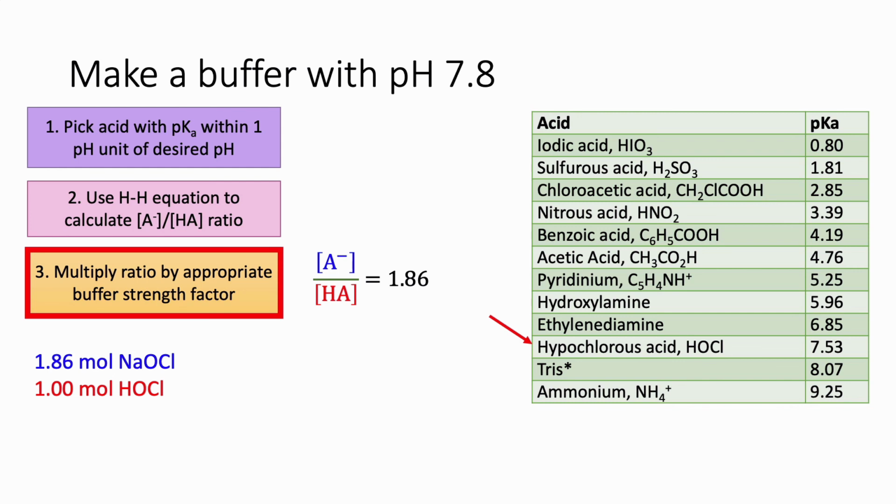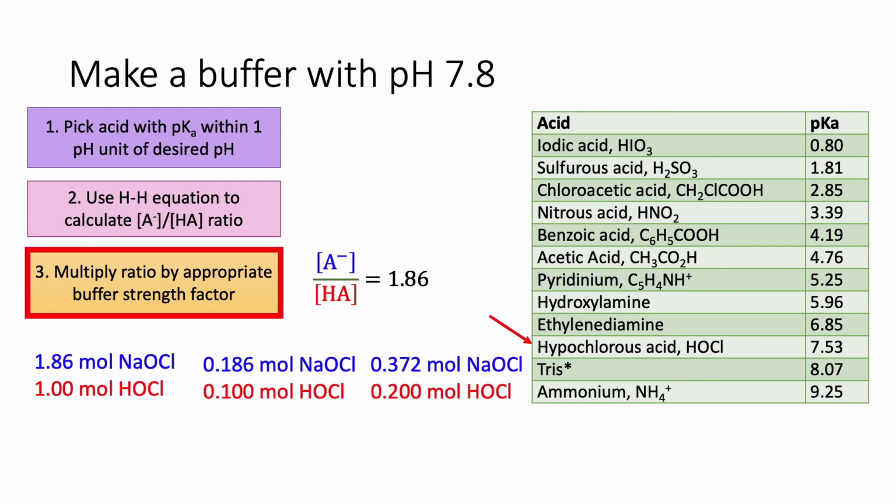So for example, you could just multiply it by 1 mole and you get 1.86 moles of NaOCl and 1 mole of HOCl. But that's a lot of moles, right? You also might do 0.186 moles of sodium hypochlorite and 0.1 moles of hypochlorous acid. Or if that's too little, you could do something in between. As long as the ratio is the same, it does not matter what the actual numbers of moles or the actual concentrations are.